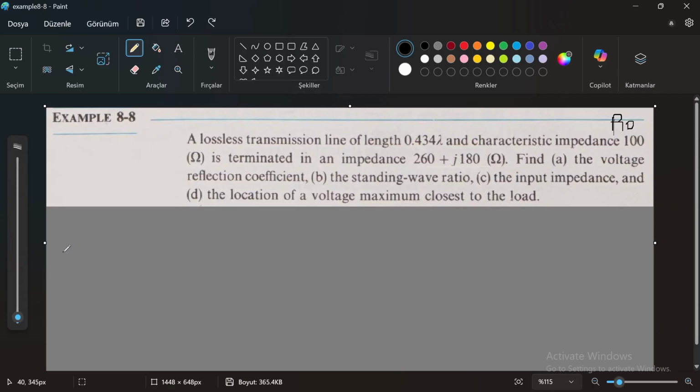It would be better to understand the problem. Let's say this is the generator. This is the transmission line, and we have the output impedance.